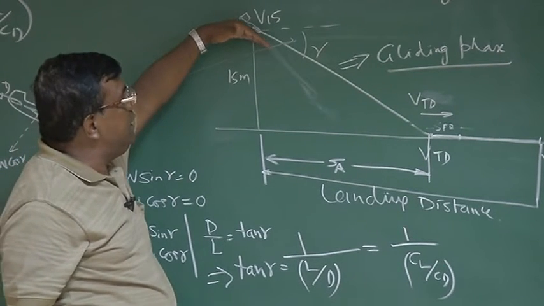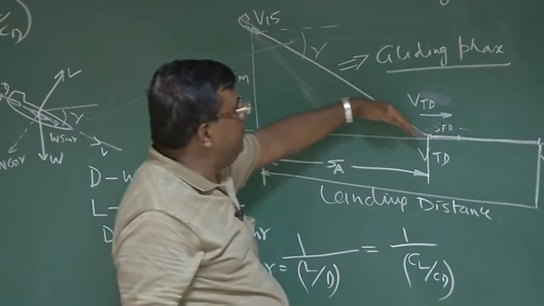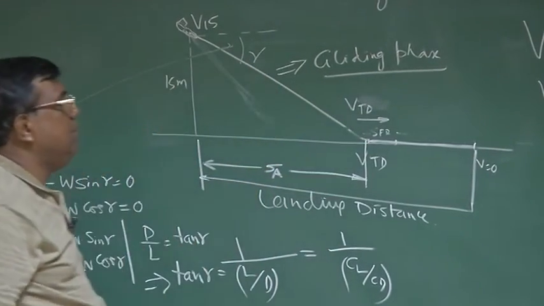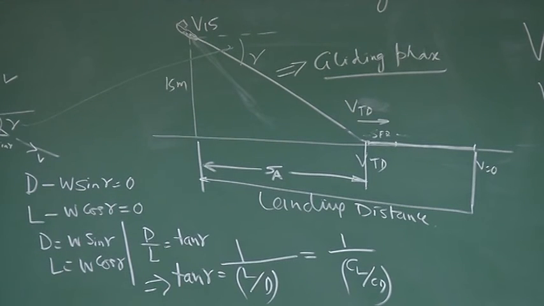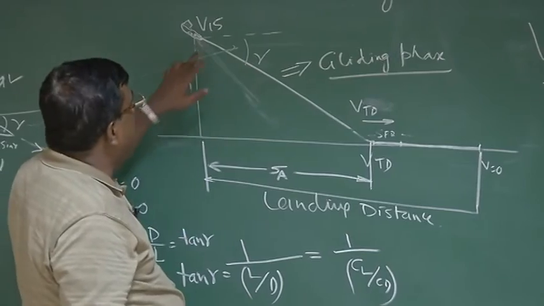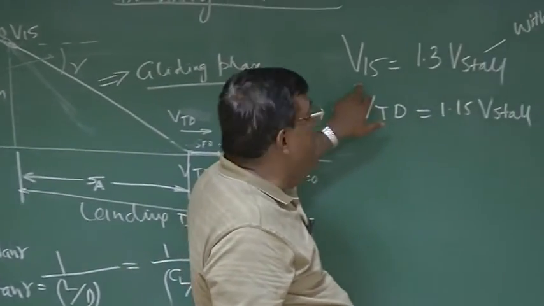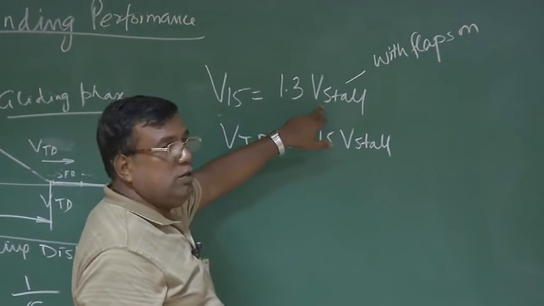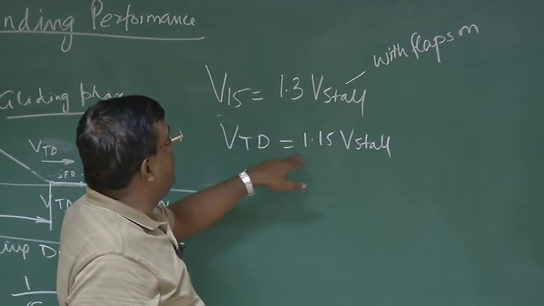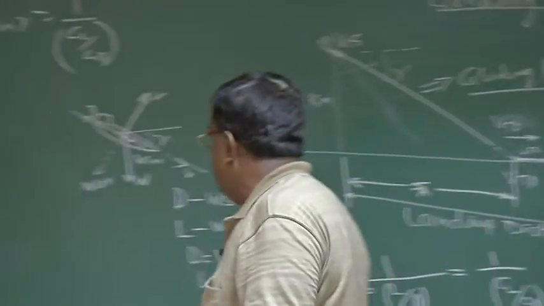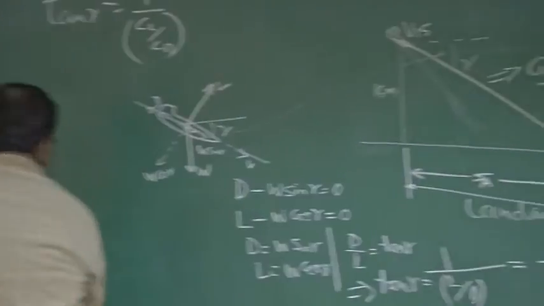So from 15 meters, it comes here, flares, applies brake, and whatever place it comes to halt, that is the landing distance. And there are specified speed limits: the V at 15 meters should be 1.3 times V stall. V at touchdown should be 1.15 V stall. Okay? This is to be maintained.